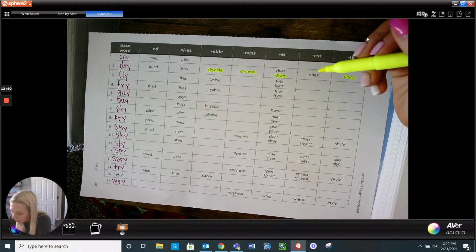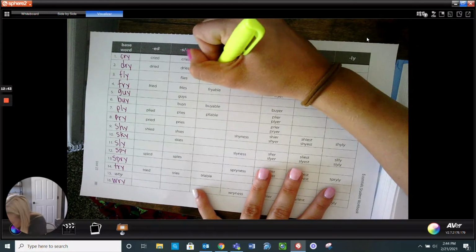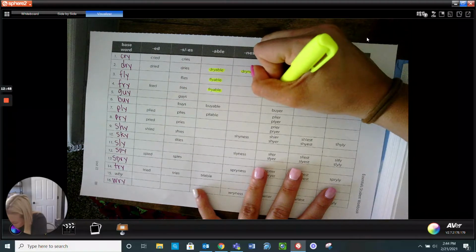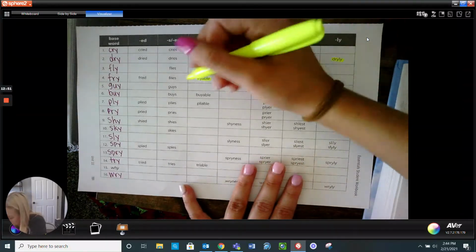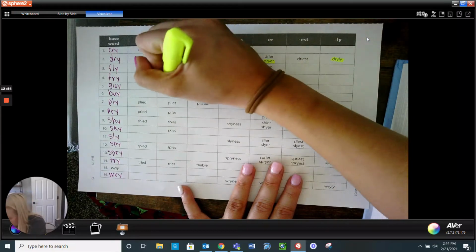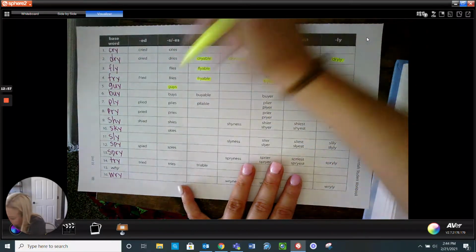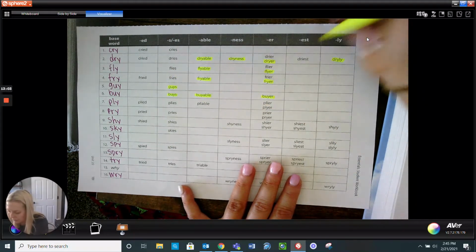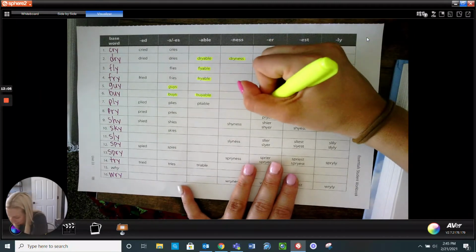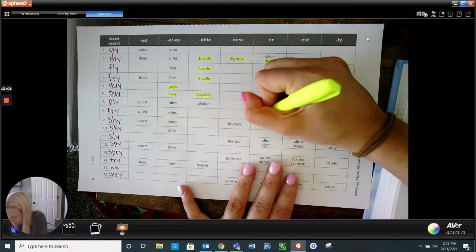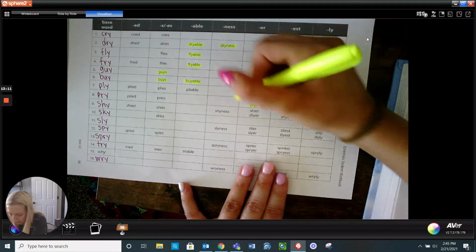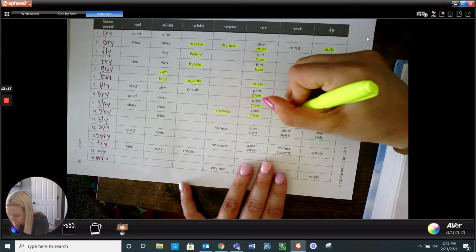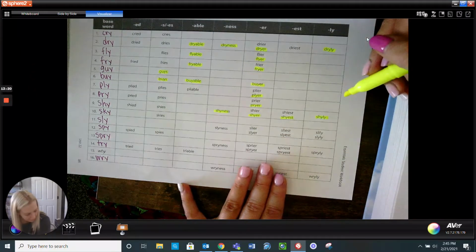All right, let's keep going. Flyable and flyer. Friable and fryer. Guys, buys and buyable and buyer, plier, prior, shyness, shyer, shyest, and shyly.